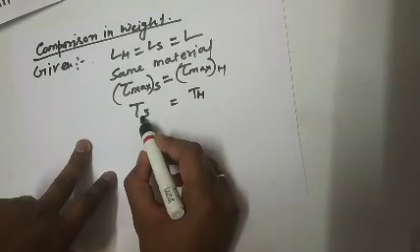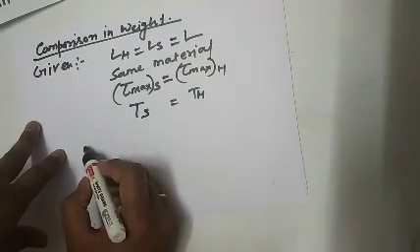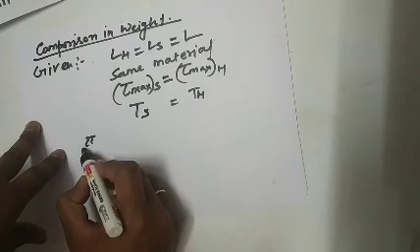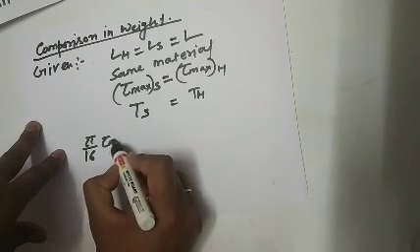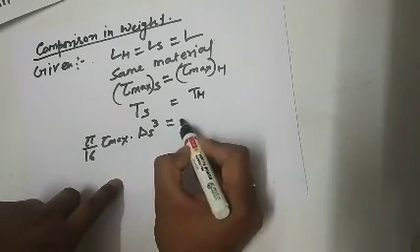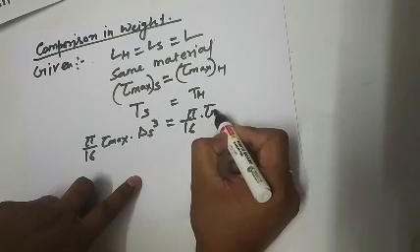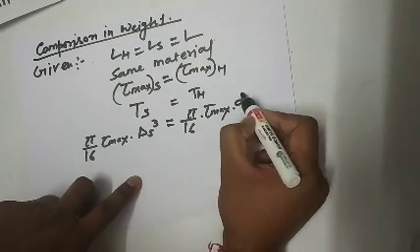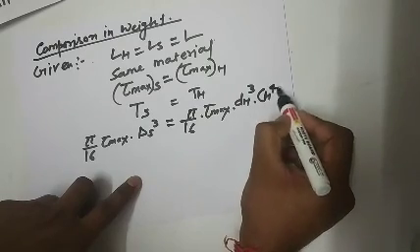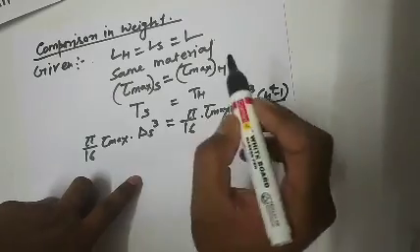If the torsional strengths are the same, if we write the equation here, then what will be the value? Ts is equal to pi by 16 tau max Ds cube, and Th will be pi by 16 tau max, and here will be Dh cube into (n to the power 4 minus 1) upon n, right?